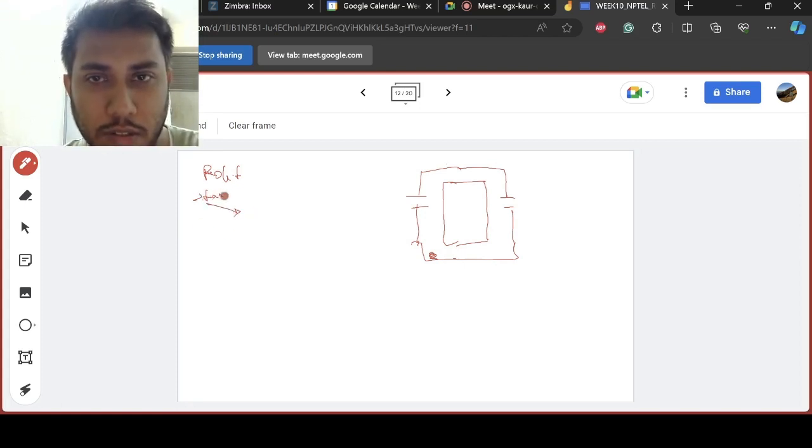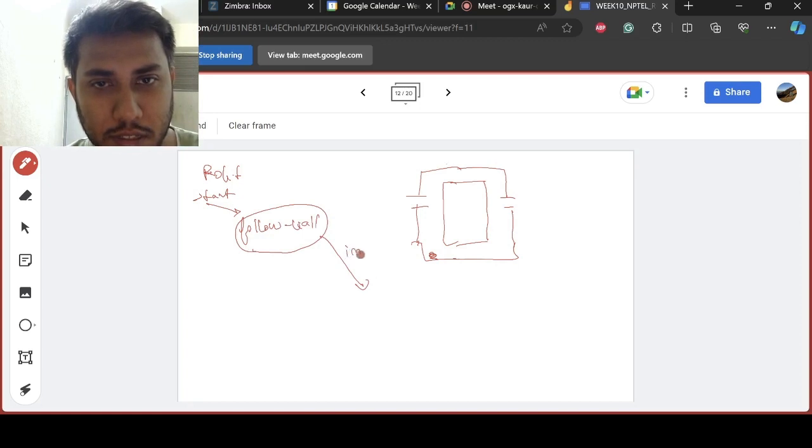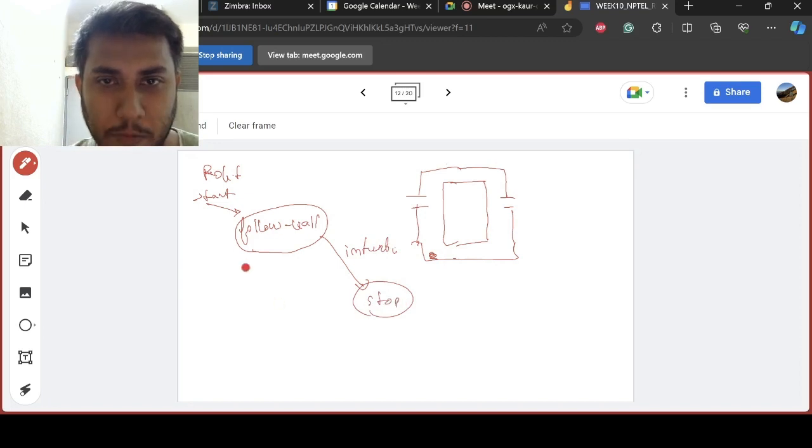Start. It follows a wall. If there is an intersection, it stops. If there is an obstacle, suppose here it reaches an obstacle, it enters the choice state.